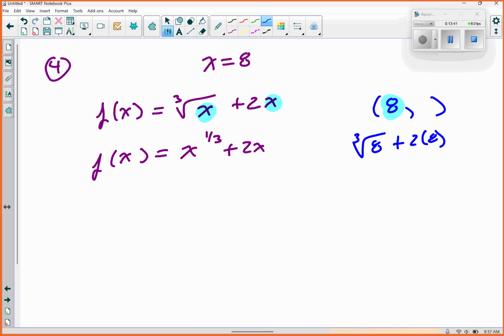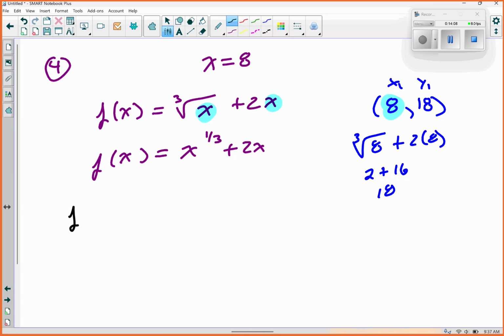Change it to 8. It'll work. If we left it as 2, it's beyond ugly. And you guys might go outside and kick a puppy if I left it that way. Third root of 8. Anyone know what the third root of 8 is? It's just 2. So I get 2 plus 16, which is 18. So there's my x1 and my y1.